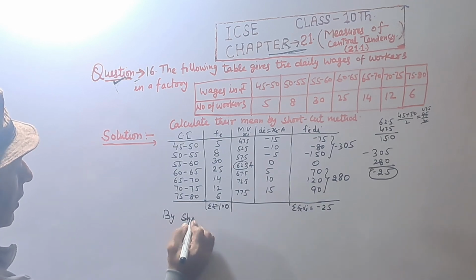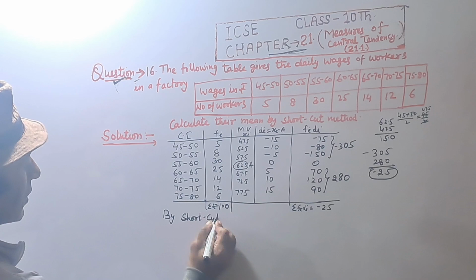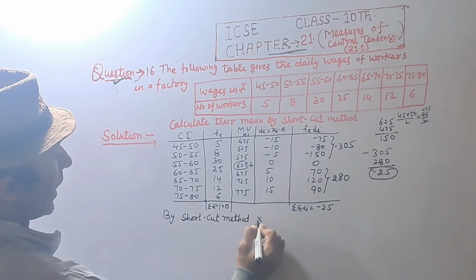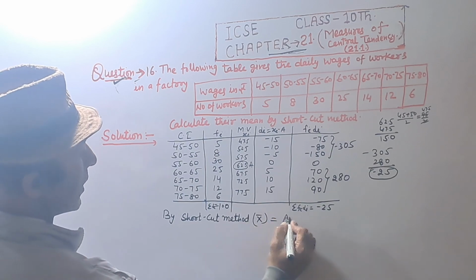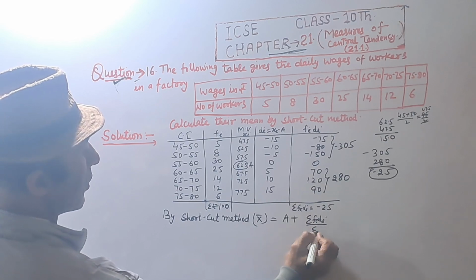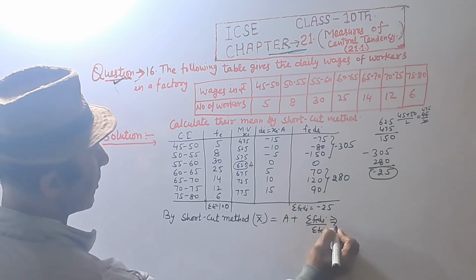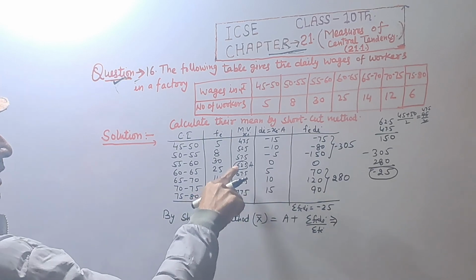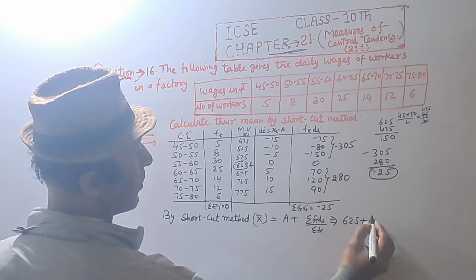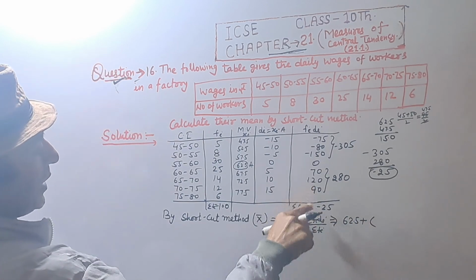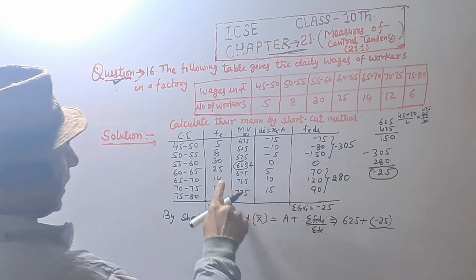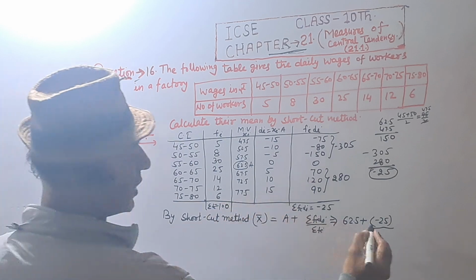By shortcut method, mean x dash is equal to a plus summation fi di upon summation fi. Assumed mean a is 62.5 plus fi di, that is minus 25, divided by sum of frequency, that is 100.